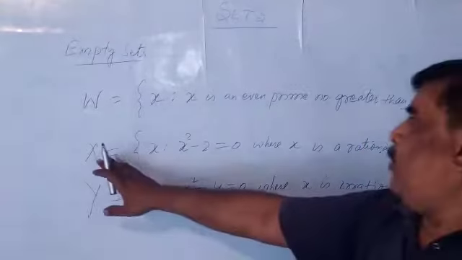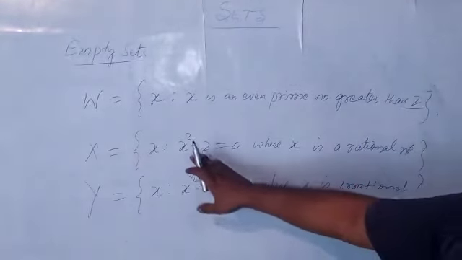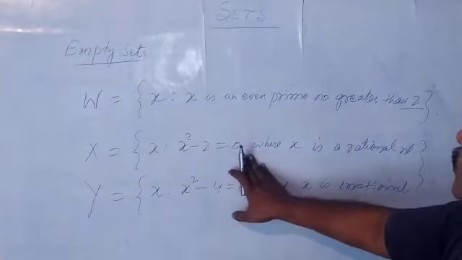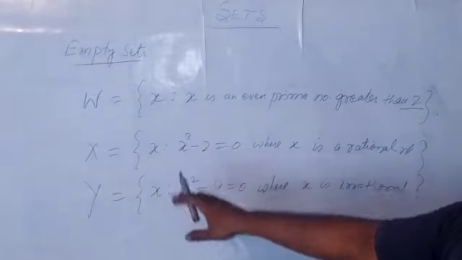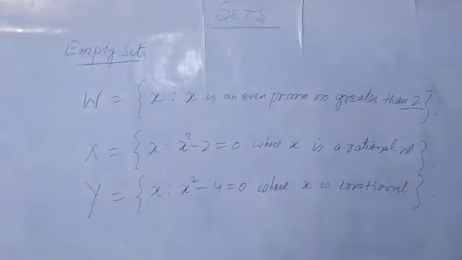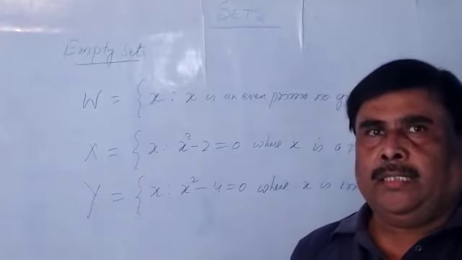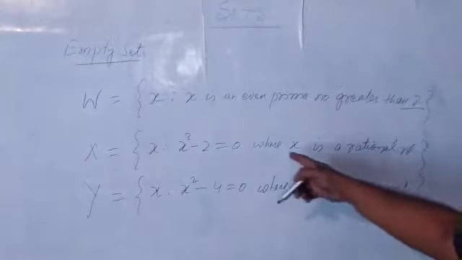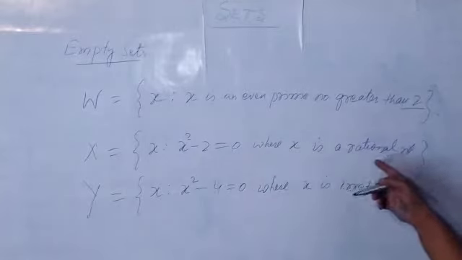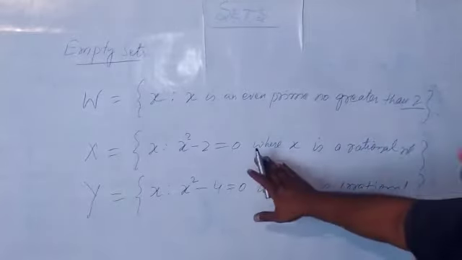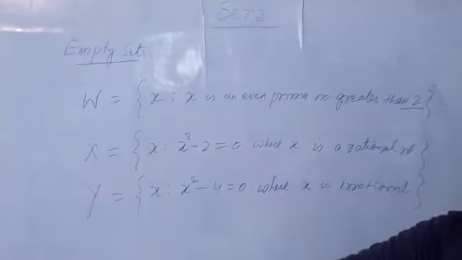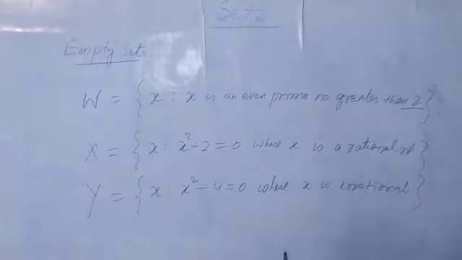Similarly, if we observe set X, here x square minus 2 equal to 0, it means x equals plus minus root under 2. As we know, root 2 is irrational, but here it is given that x is rational, that means set X also has no element.